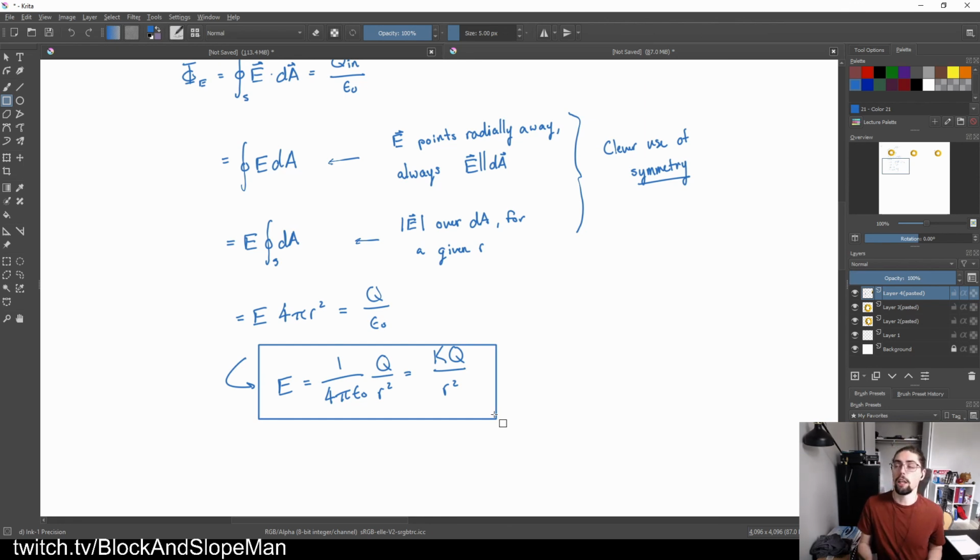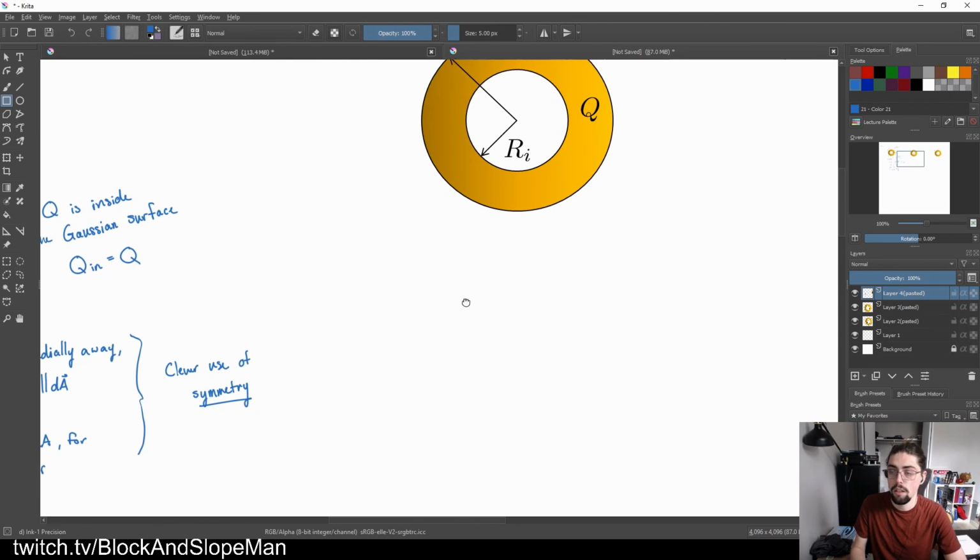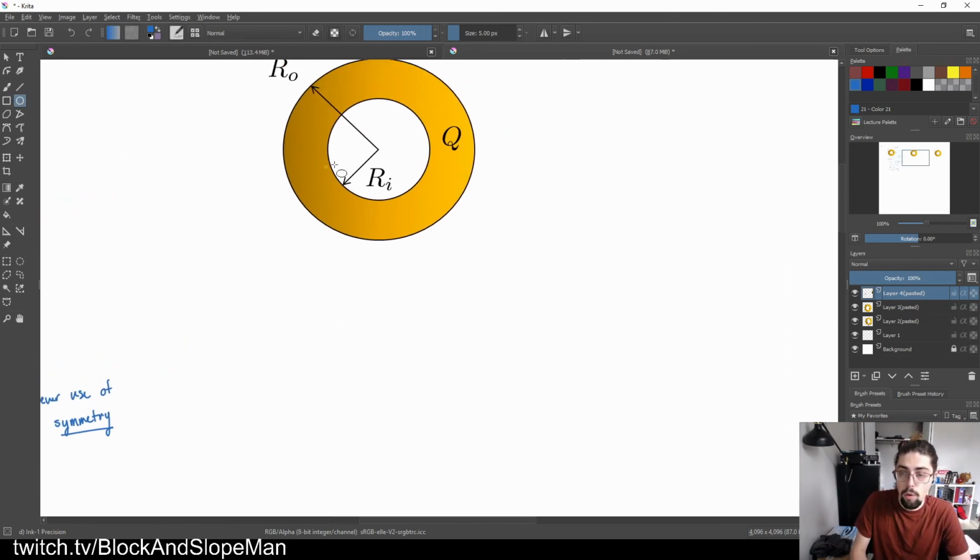Now, let's move on to the second part. What happens when we're looking inside instead? So let's do something like this, trying to match that. So here's my Gaussian surface now. My radius, little r. I'm going to go through all the same steps again. I'm going to start from Gauss's law.